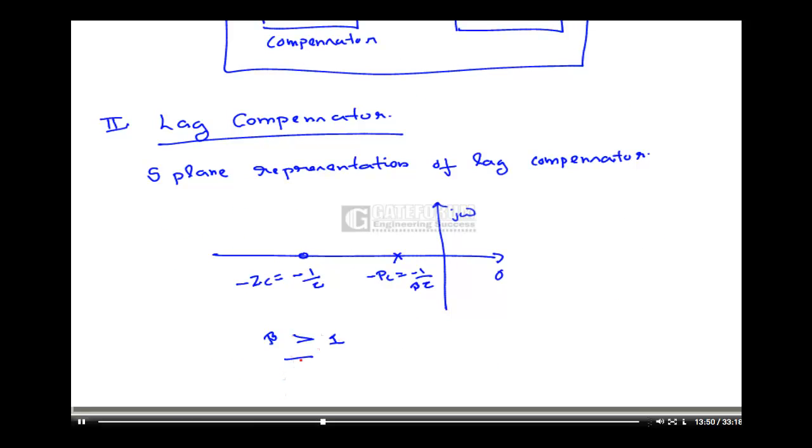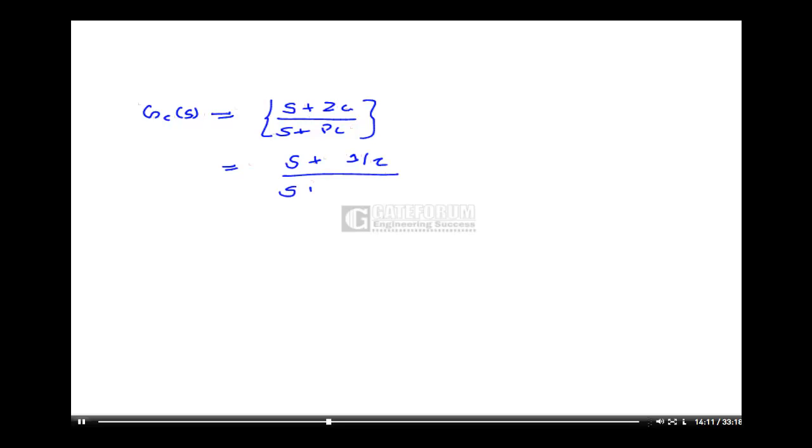Okay. Finding the transfer function of this: S plus Zc upon S plus Pc. I can write S plus 1 by tau upon S plus 1 by beta tau.